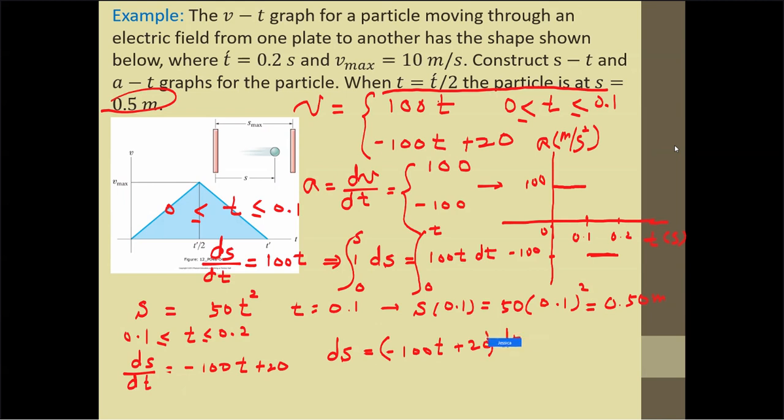Integrate separately. Second time interval, time starts from 0.1 seconds to any time t.